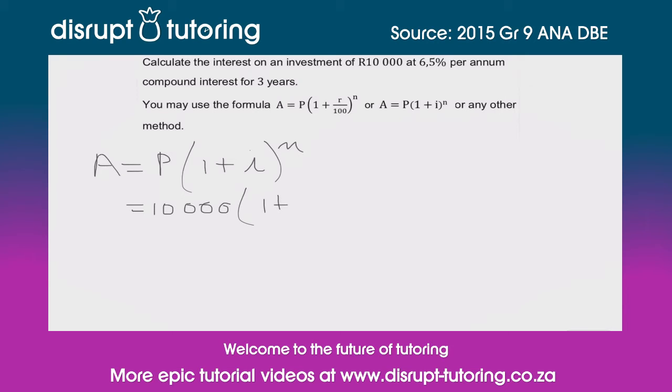1 plus i, our interest rate is 6.5%, which we would put over 100, or we could represent it as 0,065. Okay, so that's automatically putting it into a percentage form. So 6.5 over 100 is 0,065, and then we're going to raise that to the power of 3 because we are compounding it for 3 years and we are compounding it per annum.